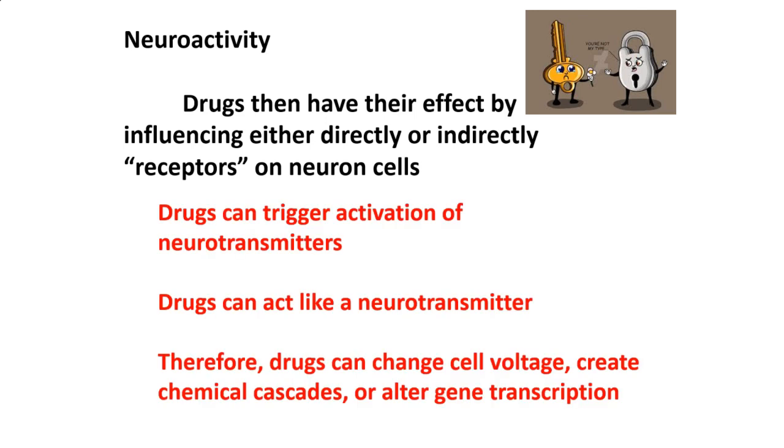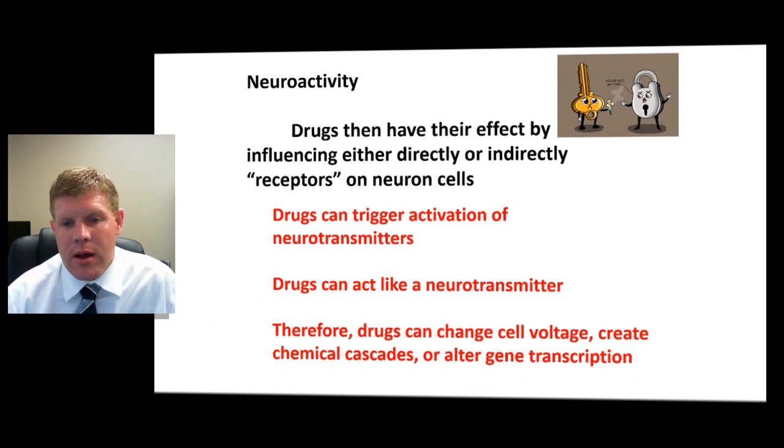But what you need to know about that process right now is that drugs can trigger activation of neurotransmitters. So they can come in the brain and get the brain to release certain neurotransmitters that go and bind with receptors and pass information, or they can act like a neurotransmitter themselves. They can trick the brain and make the brain think they're a neurotransmitter and then also have an effect.